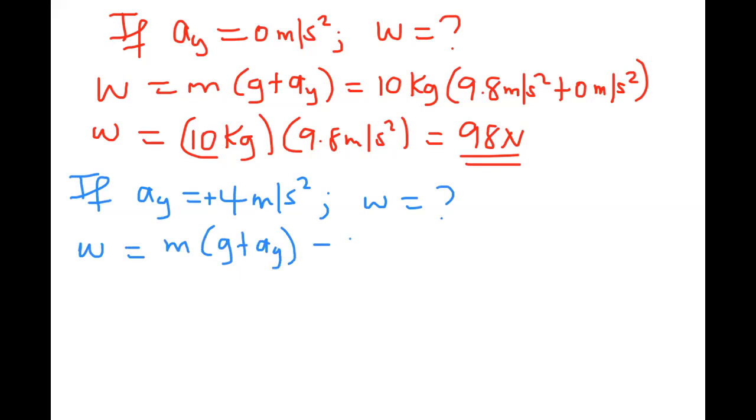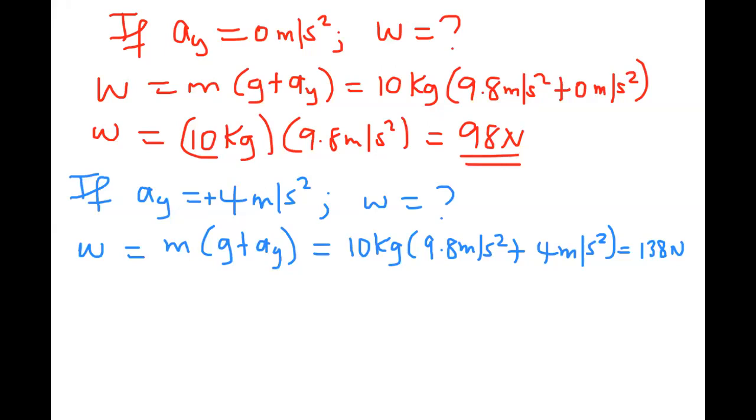We have your mass as 10 kilograms, g is 9.8 meters per second squared, and the acceleration is 4 meters per second squared. If you solve this one, you should be able to get 138 newtons. So it looks like now the crate will be heavier.